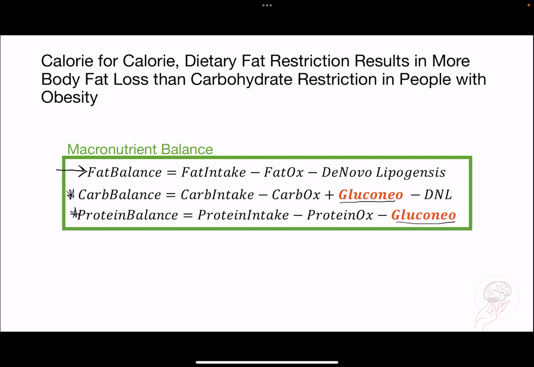So if we decrease carb intake, we're going to increase gluconeogenesis. If we reduce fat intake, it doesn't change gluconeogenesis. There's no gluconeogenesis related to it.